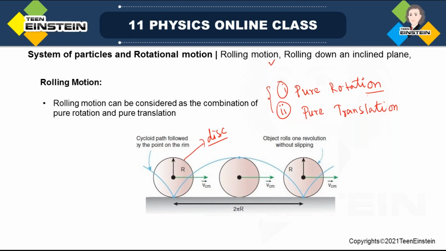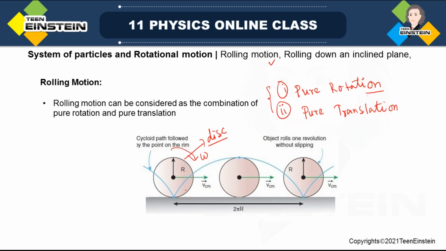The common example for rolling motion is the motion of any kind of wheel. Take a bicycle, car, bullock cart, horse cart, whatever you take. The perfect example of rolling motion is the motion of any wheel. So I am taking a disc which has the symmetry of a wheel. Suppose it is moving on a horizontal plane, and the angular velocity of rotation is omega.